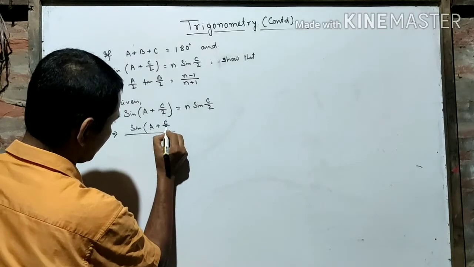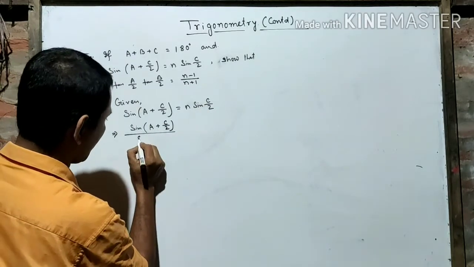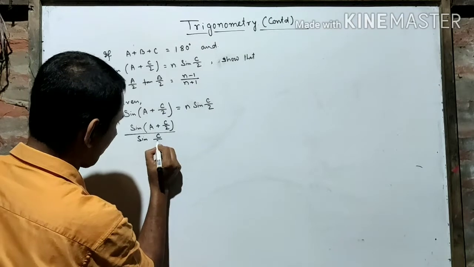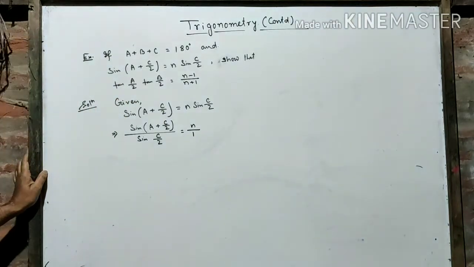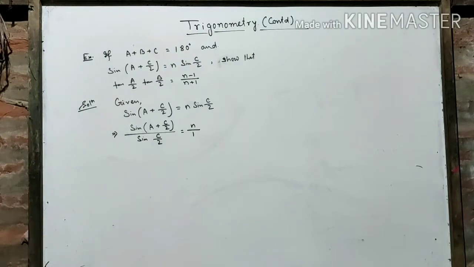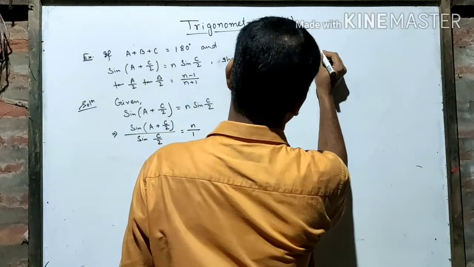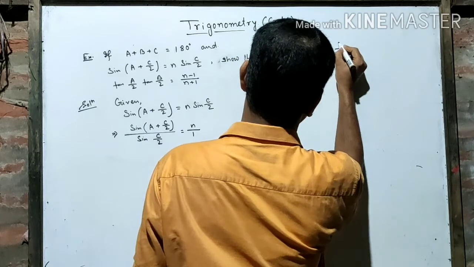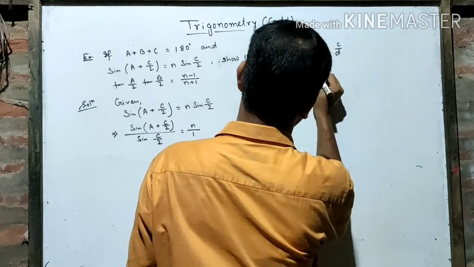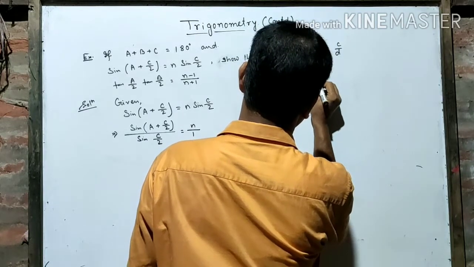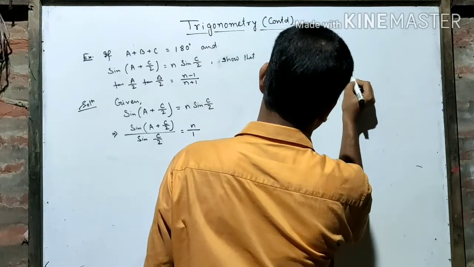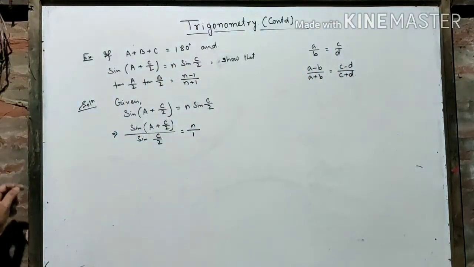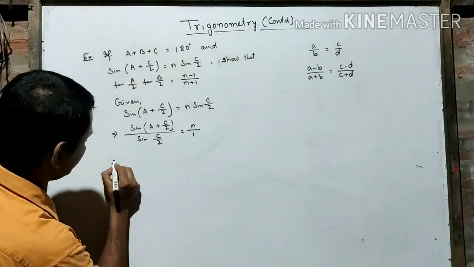Sine A plus C by 2 over sine C by 2 is equal to n by 1. Now we apply componendo dividendo. What is that? If a by b is equal to c by d, then a minus b by a plus b is equal to c minus d by c plus d. So you apply it here.